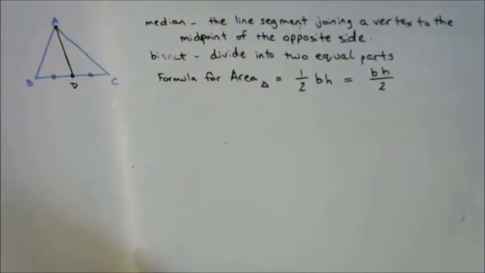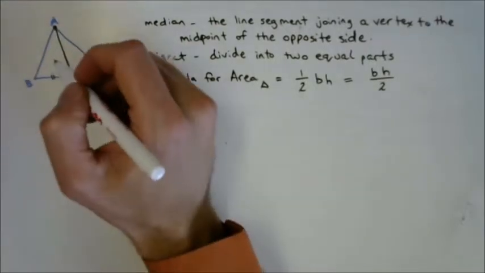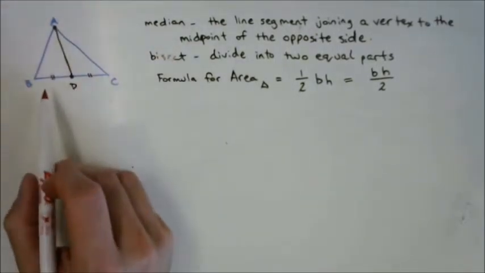Okay, same thing. Timesing something by a half is the same as dividing by 2. All right. Well, we're going to draw an altitude. Okay, so an altitude gets us the height. Maybe I'll just describe what we're doing so far.